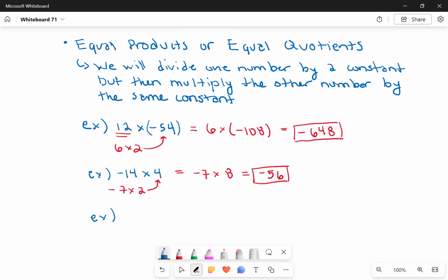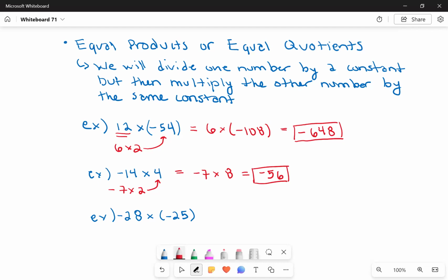Okay, let's try one. Let's do negative 28 times negative 25. Of the two numbers, the one that disturbs me the most is the 28. I'm just not as comfortable with 28.